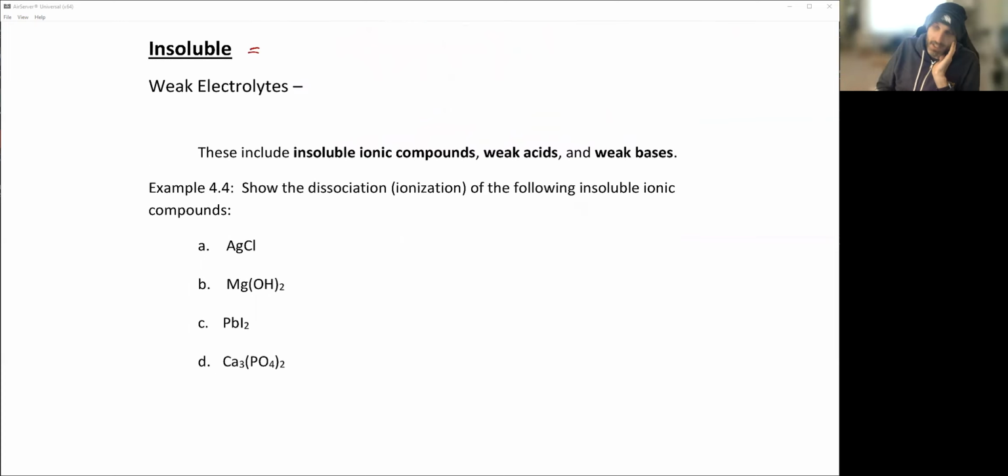And then we have insoluble. First of all, insoluble does not mean that it completely does not dissociate in water. Actually, sorry, I should say a weak electrolyte means that it partially dissociates.